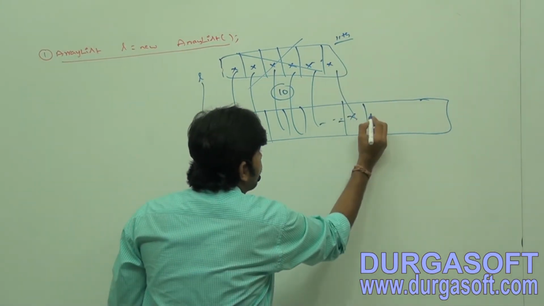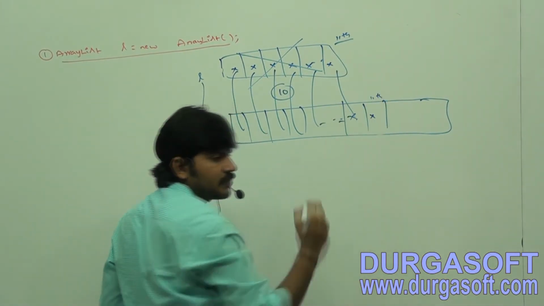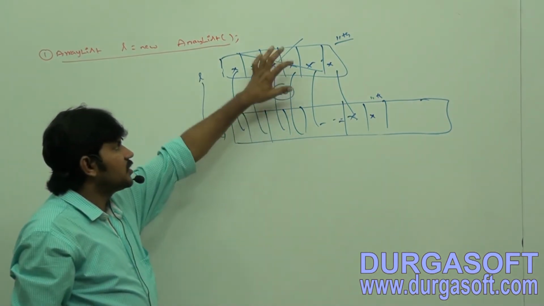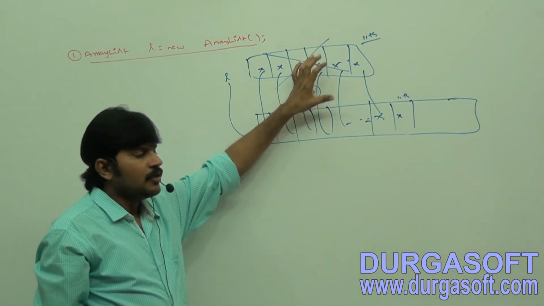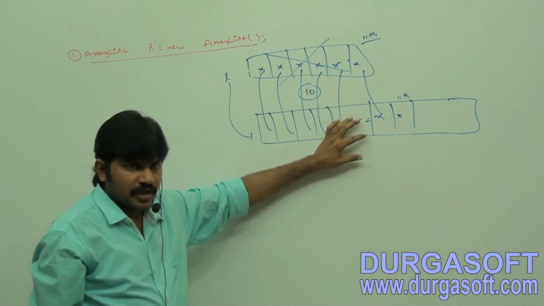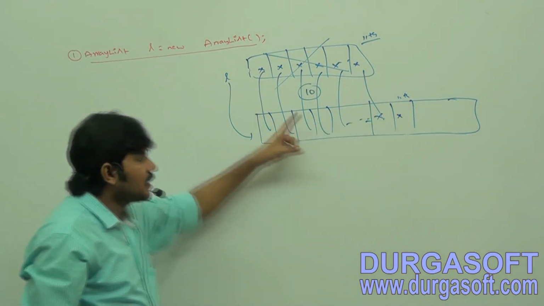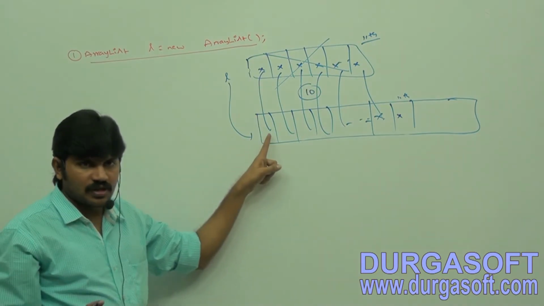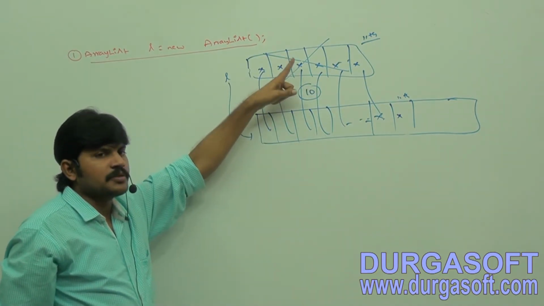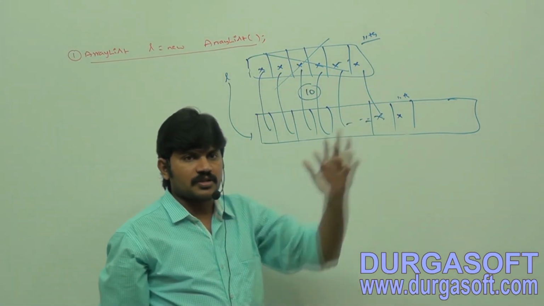The 11th object will be added to the new one. So once an ArrayList reaches its max capacity, a bigger ArrayList object is created, all elements are copied, the 11th element is inserted, the reference variable is reassigned to the new object, and the old object is automatically eligible for garbage collection.